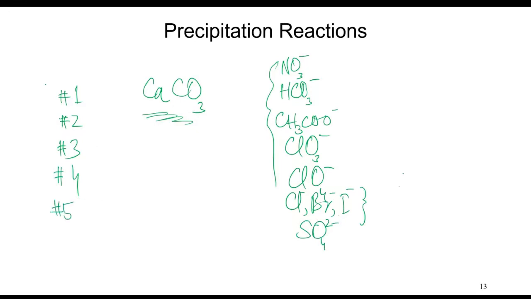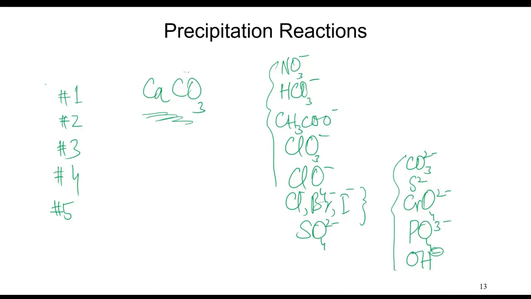Rule number 5 says if carbonate, sulfide, chromate, phosphate, and OH are present with any element, it is insoluble. Is there any ion present from here? Yes, CO3 is present. It means it is insoluble.